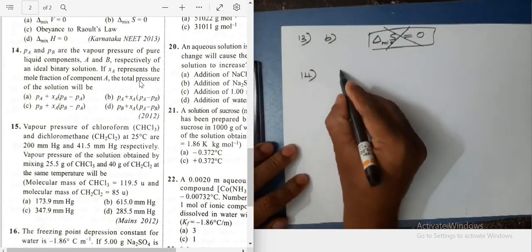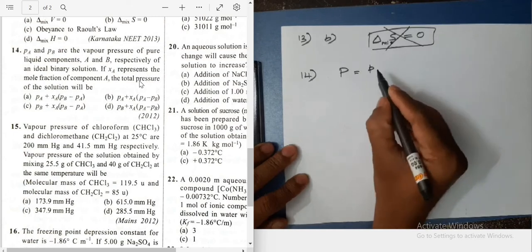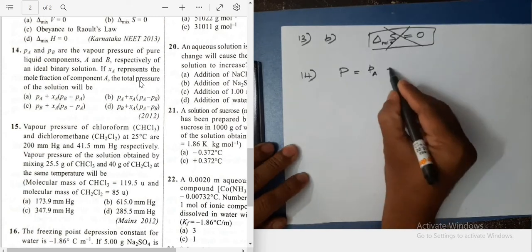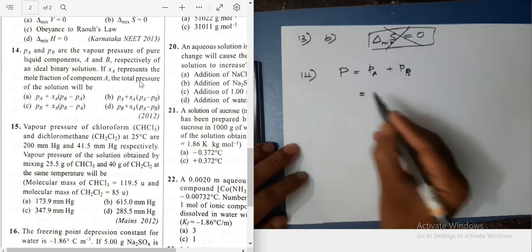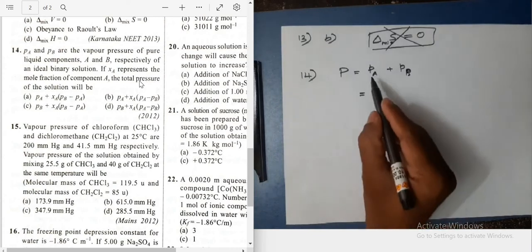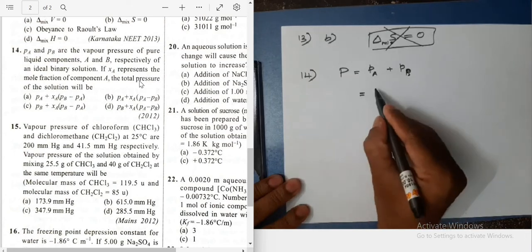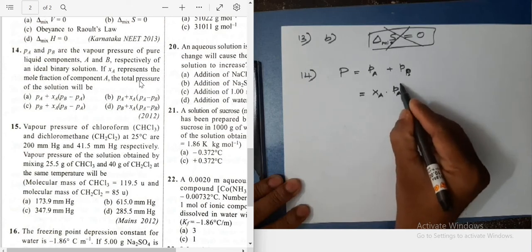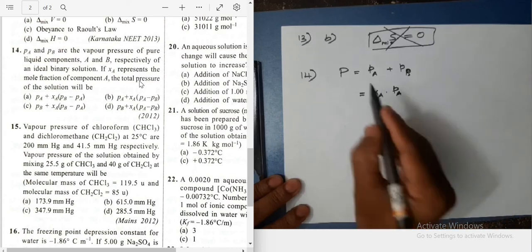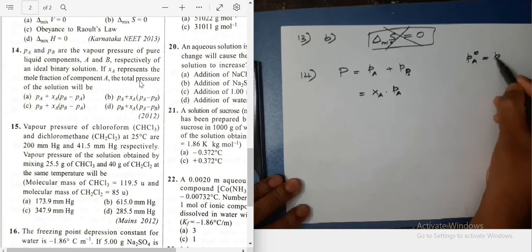You know very well, total pressure P is equal to partial pressure of A plus partial pressure of B. Now according to Raoult's law, partial pressure of A is nothing but mole fraction of A into vapor pressure of pure A. For pure A we use the naught symbol, but here instead of P naught A, the symbol given is PA.